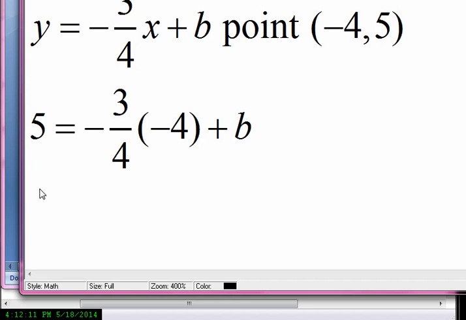So let's do that way first. Now that we've substituted in y equals 5 and negative 4 for x, make sure you don't accidentally put in 5 for x. The 4 and 4 will cancel, and because I have two negatives, it's going to be positive, so that gives me 5 equals 3 plus b.